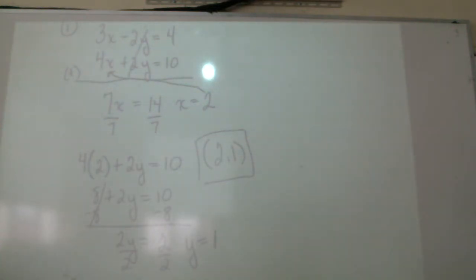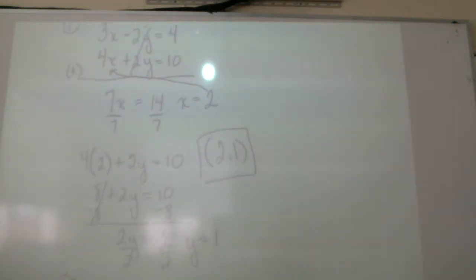Okay, let's take a look at problem number 2. I've got 2x plus y is equal to 5, and 3x minus 2y is equal to 4.